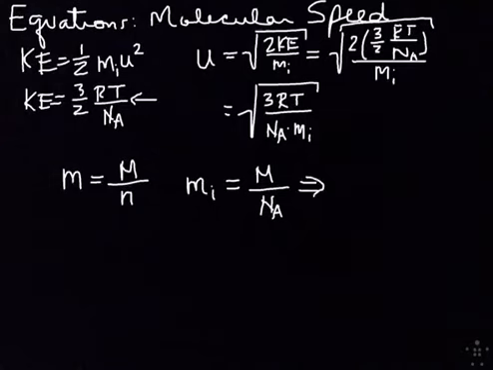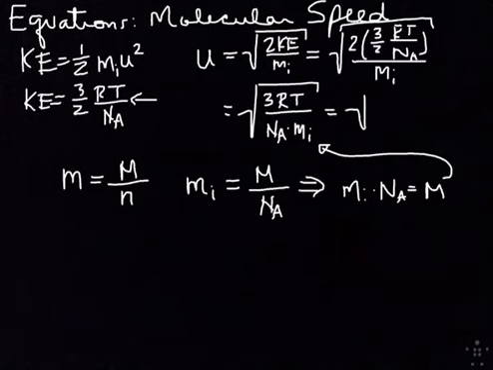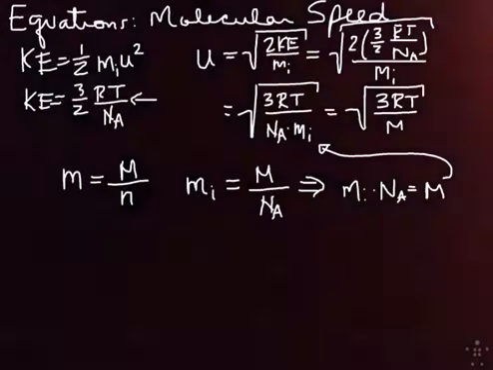So that means that the mass of one molecule times NA equals molar mass, so we can plug that back in here, and we get that molecular speed is simply the square root of 3RT over molar mass. So that's the equation that we can go ahead and use to calculate the molecular speeds.